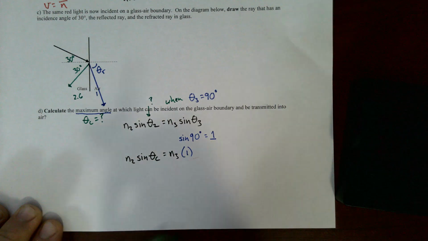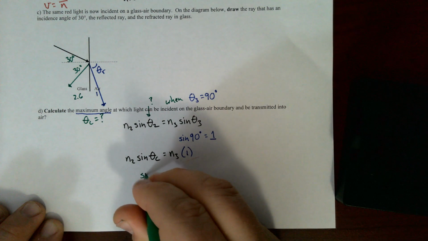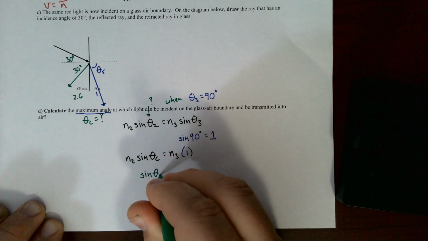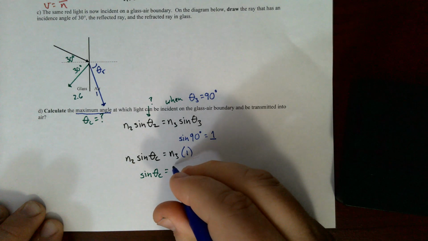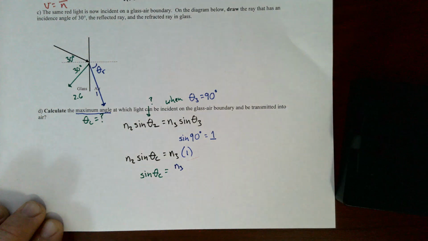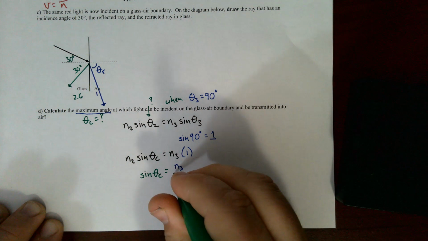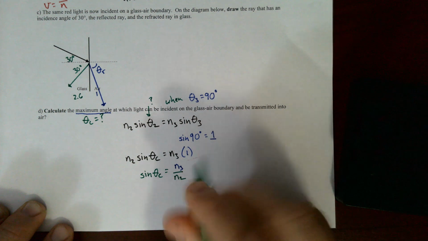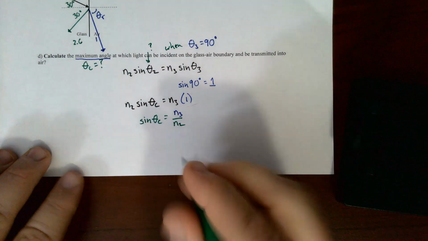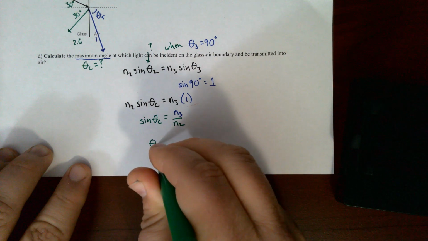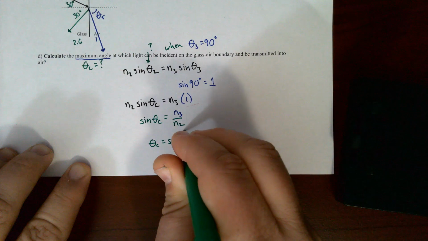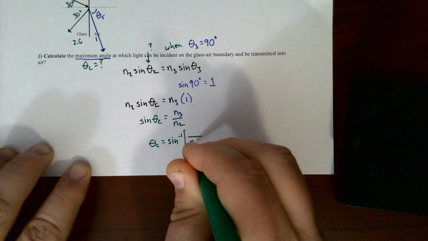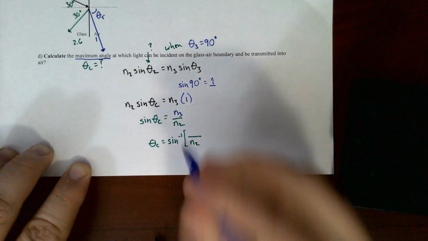And so sine theta c is equal to N3 divided by N2. And so doing the inverse sine of both sides, so sine minus 1 of N3 over N2.